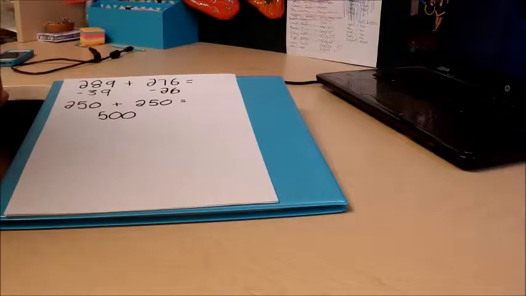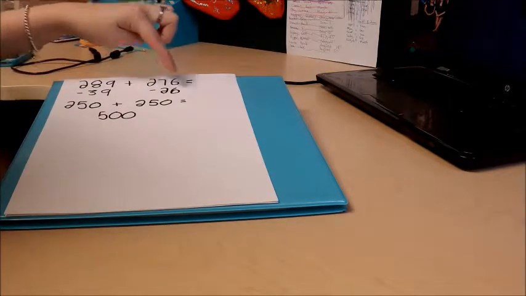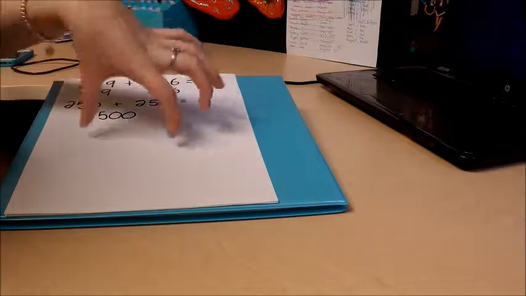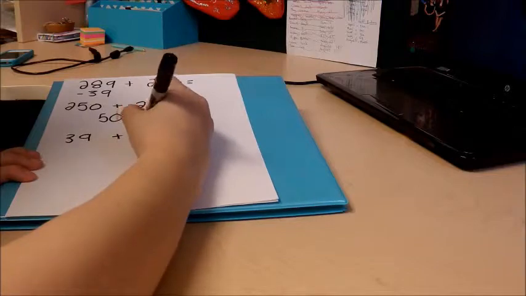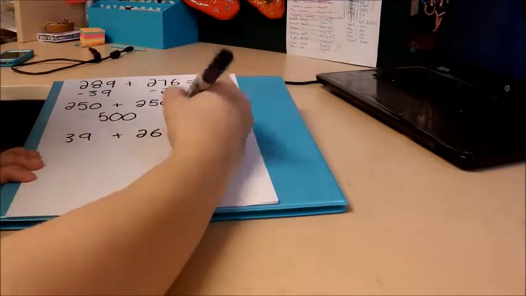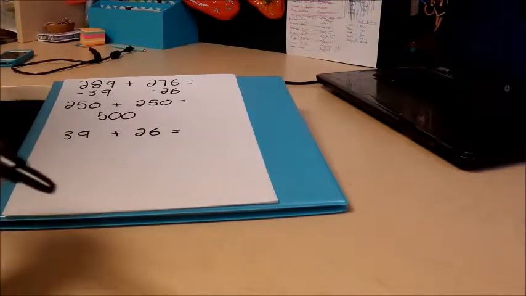Right. So we can't forget to add in the 39 and the 26. So I'm going to take these two numbers and just bring them down here. So 39 plus 26. So we want to make these two numbers simpler to add once again.